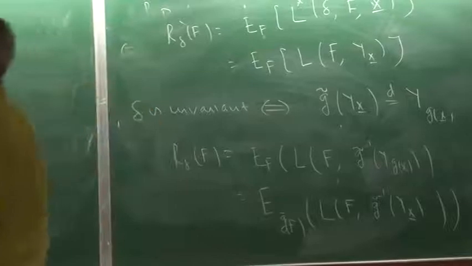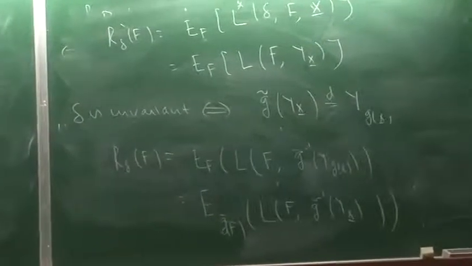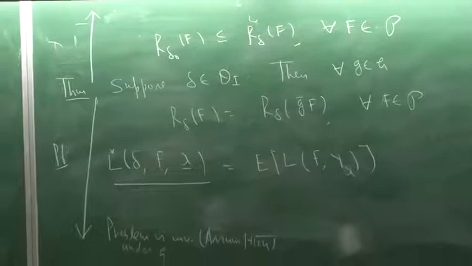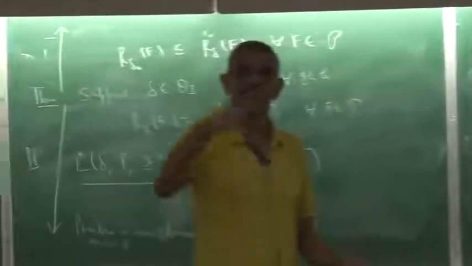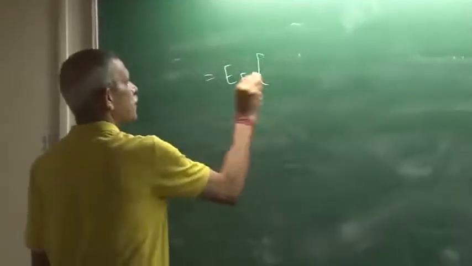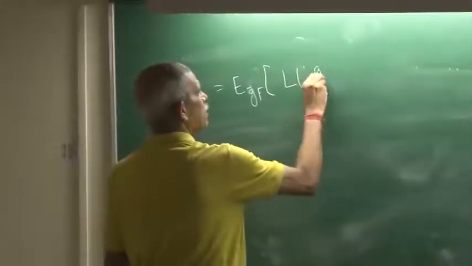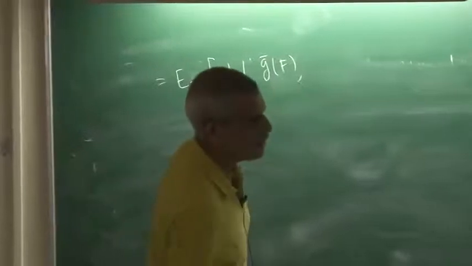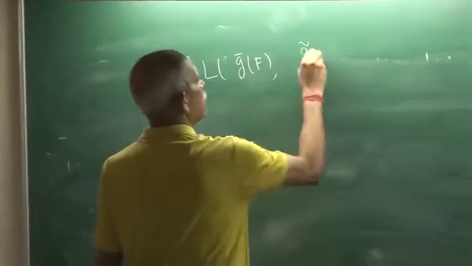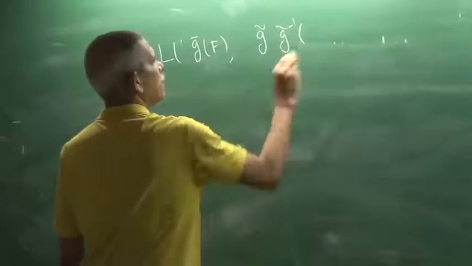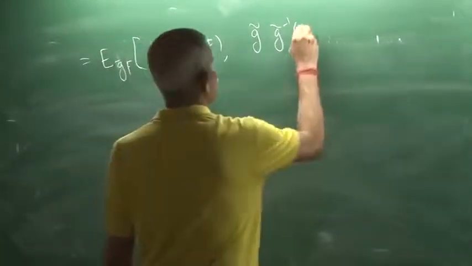Now I use the fact that my loss function is invariant. Loss is invariant, what does that mean? L f of a should be same as L of g bar f and g tilde a. So this is same as E of g bar f, that remains as it is, L of g bar f and g tilde of y of x.